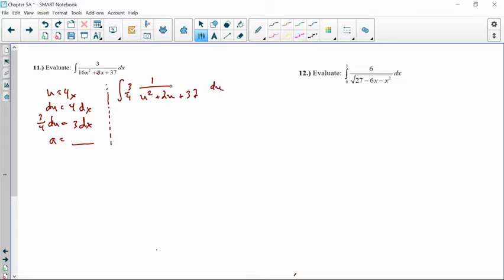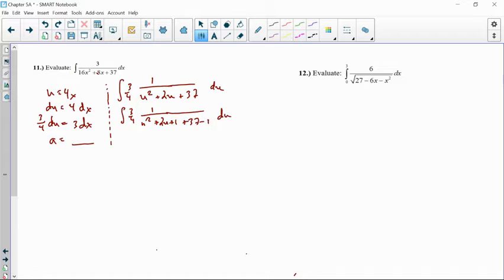And then I could now complete the square on u. So it's 3/4, 1 over, well, I guess that'd be u squared plus 2u plus 1, if I want to show that step there. And then plus 37 minus that 1.